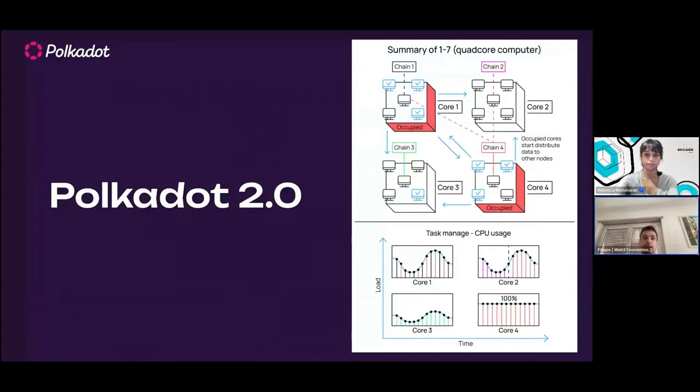So I think it's very important to have this picture in your mind and see how Polkadot provides a very agile way for this very high class, enterprise grade computation and security.